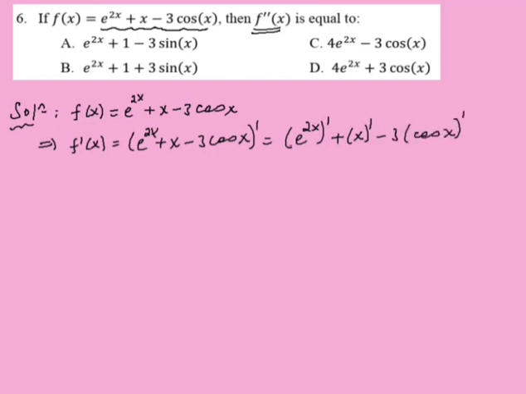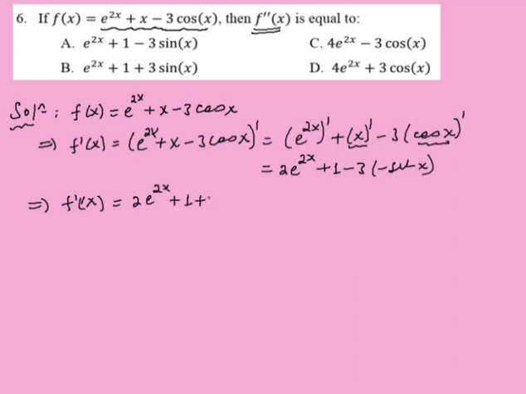The derivative of e^(2x) is 2 times e^(2x), the derivative of x is 1, and the derivative of cos x is minus sin x. So the first derivative becomes 2 times e to the power of 2x plus 1 plus 3 times sin x. This is the first derivative.